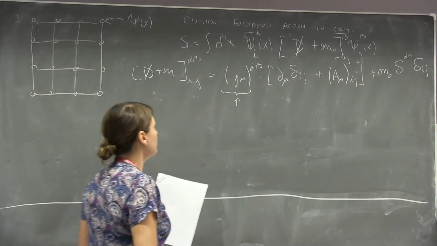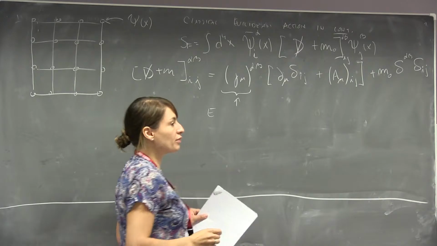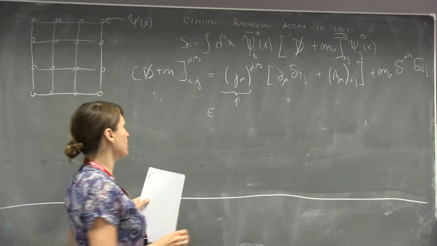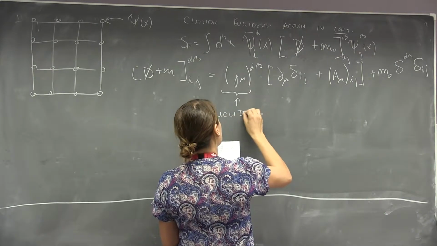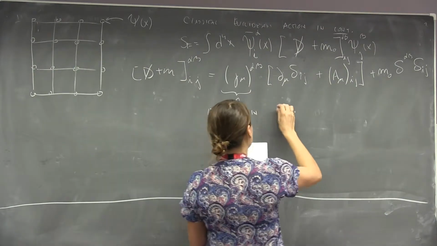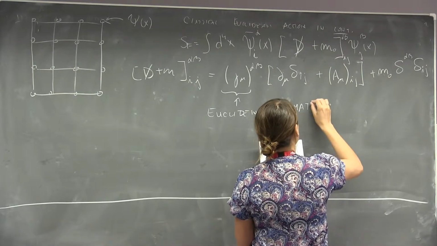And these matrices are a little bit different from the gamma matrices you're used to in Minkowski space. These are Euclidean Dirac gamma matrices.